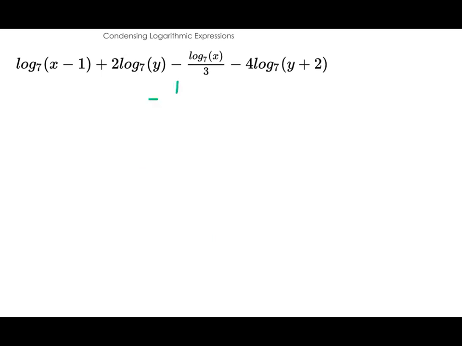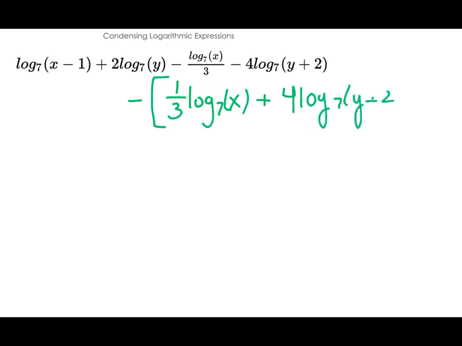So minus 1/3 log base 7 of x. Okay, the other thing I'm going to fix is that I have that minus there. So I'm going to put brackets to show that I'm subtracting this whole thing, but they are actually being added together.